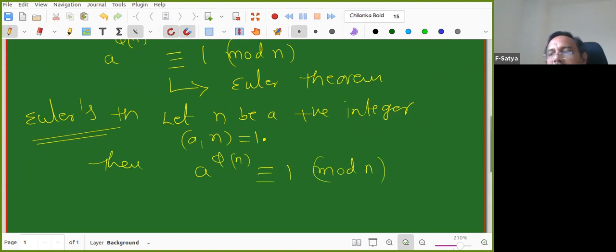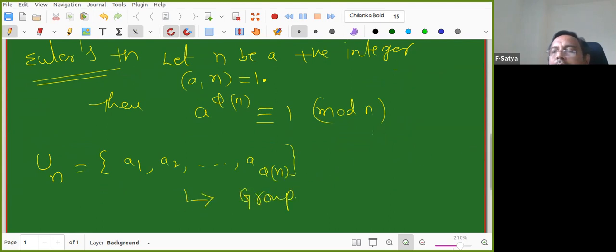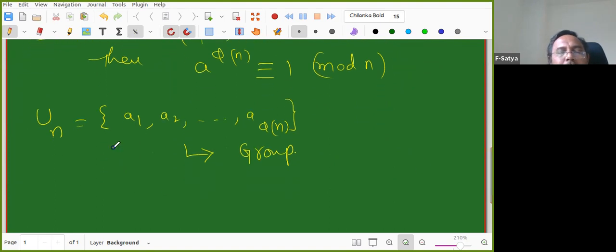Then one of the students asked about taking all these numbers which are relatively prime to n, U_n. In fact, this forms a group. We proved that if gcd(a1, n) is 1 and gcd(a2, n) is 1, then the product also has gcd 1, and so it forms a group.